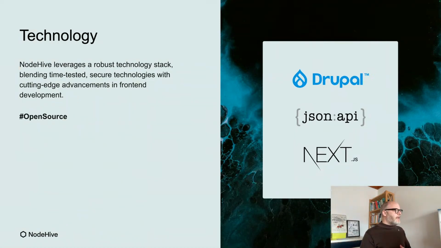And for us, and that's really our philosophy, everything is open source. So Drupal as well as Next.js as a platform is open source. So you don't have to pay a license for it. So you can install it wherever you want, and you can even run it in your own cloud if you want to.